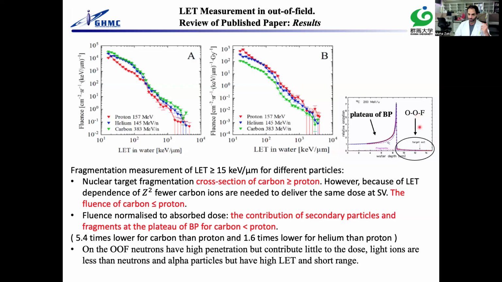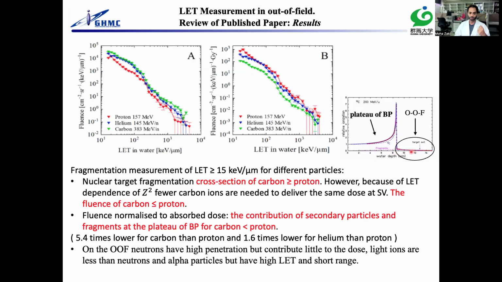On the out of field, neutrons have high penetration, but contribute little to dose. So neutrons penetrate very far. However, their contribution to the physical dose is negligible. It's very little.